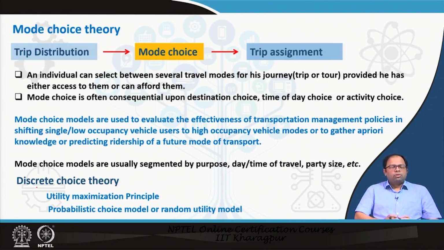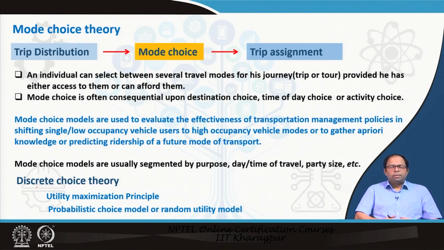In mode choice, the trips have already been distributed, that is, we know the number of people traveling from zone I to zone J, and also at what period of the day, maybe the peak period or non-peak period.